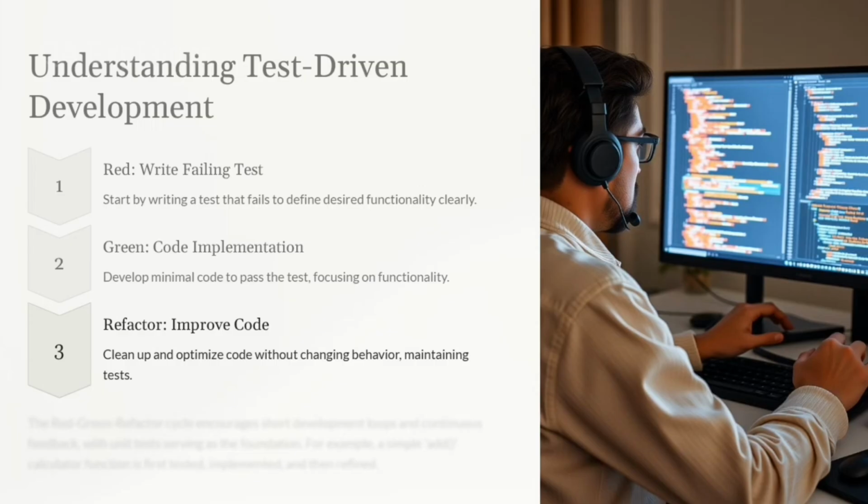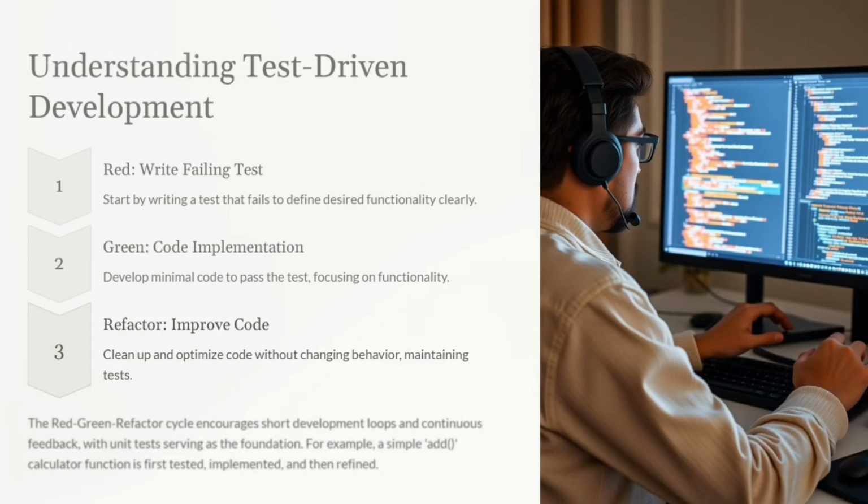So this red-green-refactor cycle encourages development loops and continuous feedback. While developers are testing their code with different kinds of unit testing frameworks, they can check the reliability and working of the code.